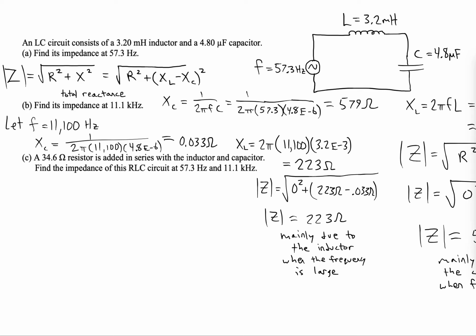Now we just want to see what would happen if we were to introduce resistance into it as well. Then we'd be making what's called an RLC circuit. So let me sketch the new setup here.